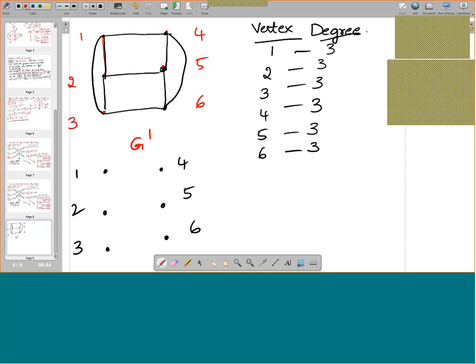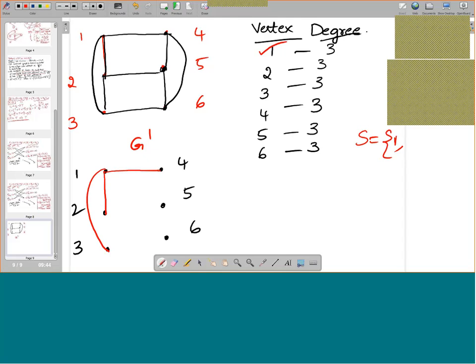S equals, I'm taking the first vertex, 1. So from 1 we can draw 1 to 2, 1 to 3 and 1 to 4.